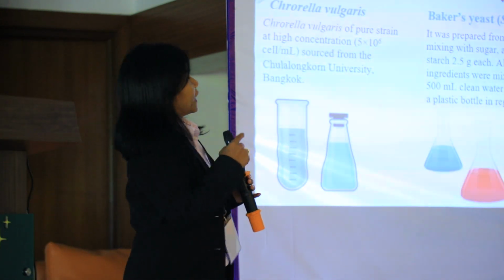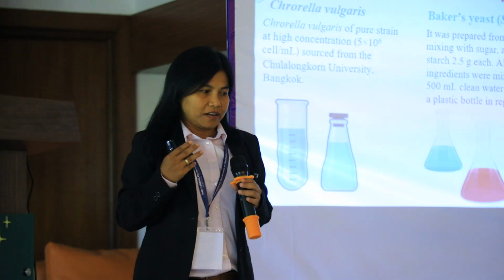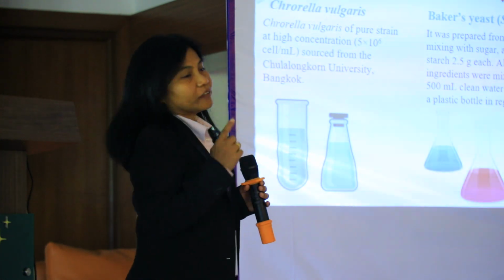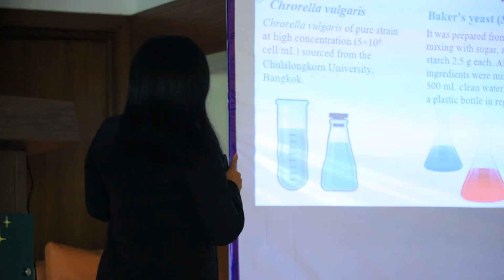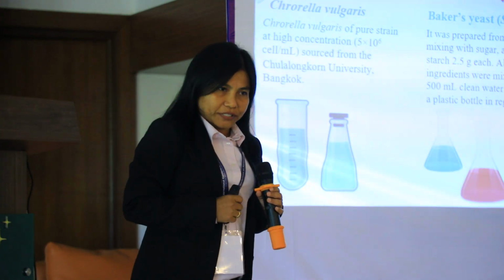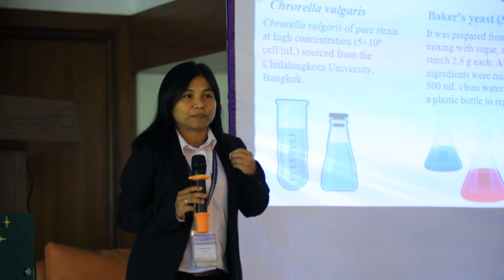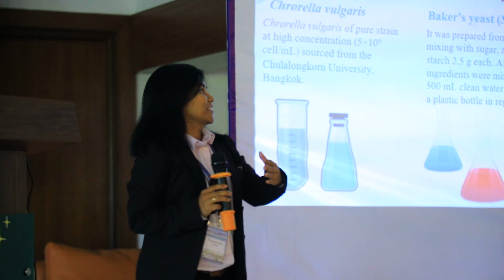Okay, let's move to the diet preparation. Because of the diet, I have 2 diets in my experiment. The first one is chlorella. For the chlorella, I got the pure strain from Chulalongkorn University. In this method, if somebody has a question, you can ask me behind the stage.